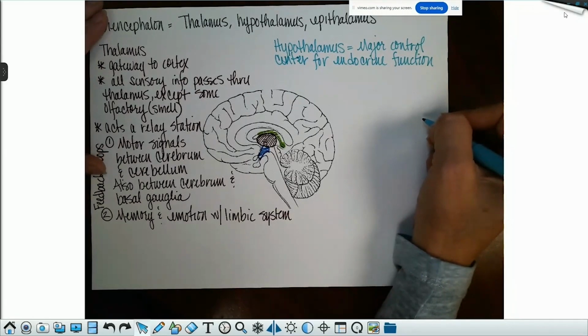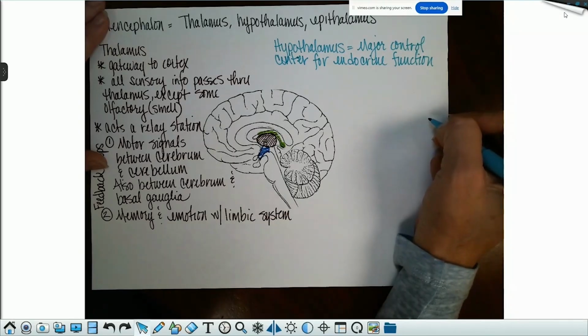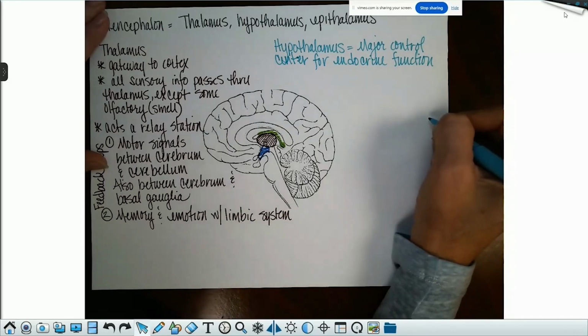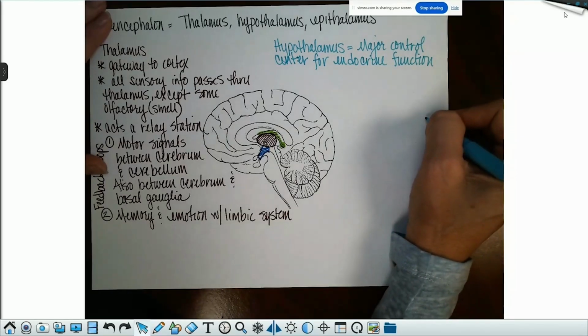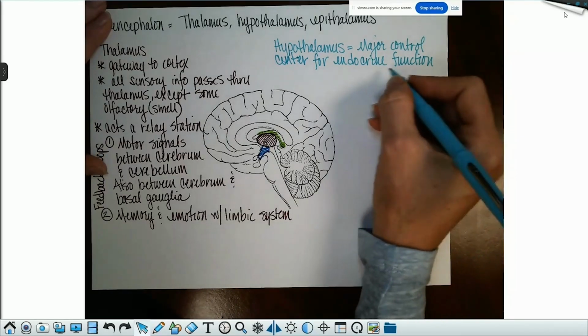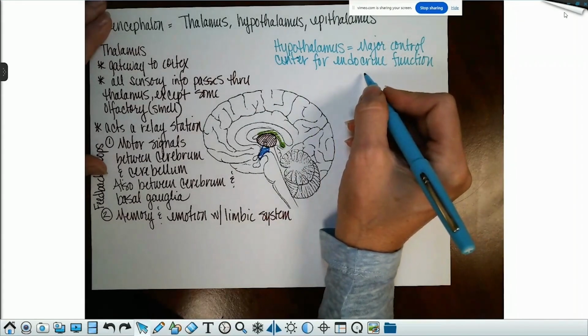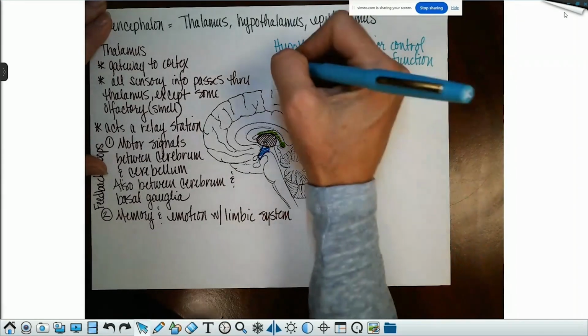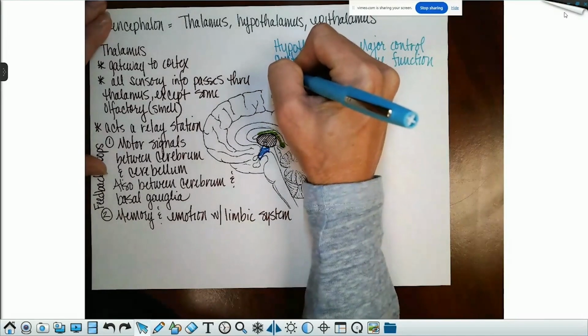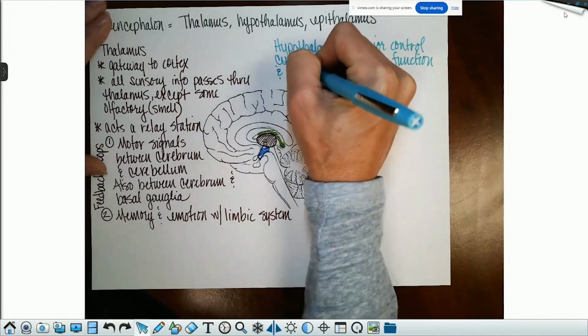The hypothalamus is a major control center for endocrine function, which means that it is going to send out chemicals and signals in order to help maintain the homeostasis of those. So it's also involved as a major control center, not only for the endocrine function, but for the autonomic nervous system.